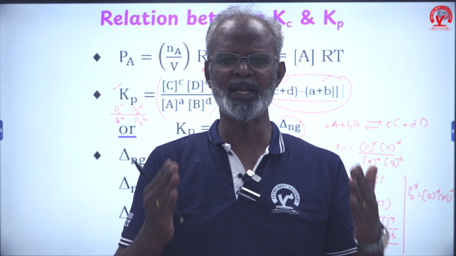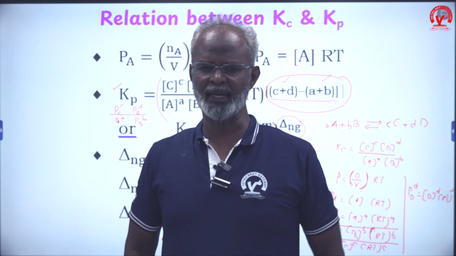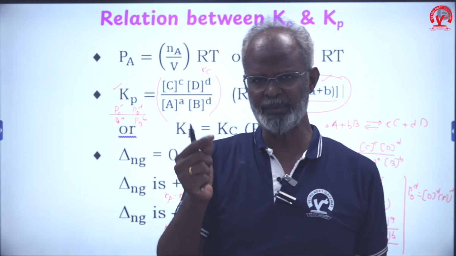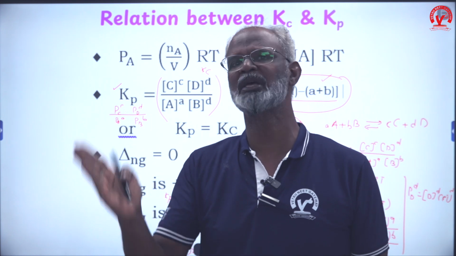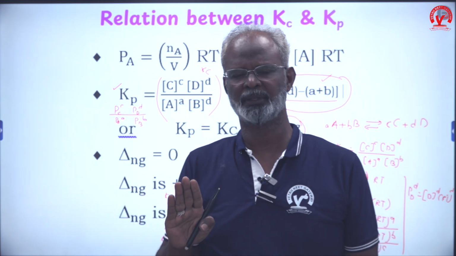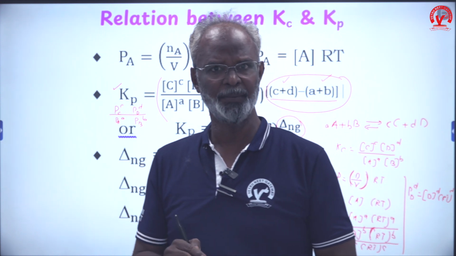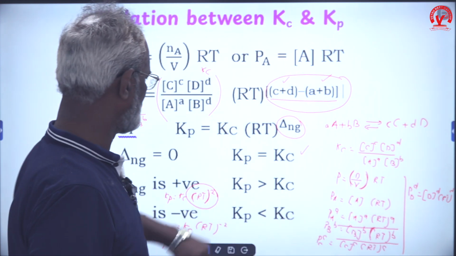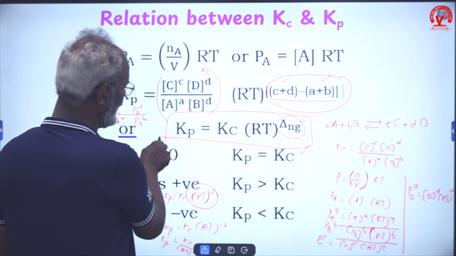So when you find delta Ng, where the G means gas only, in any reaction, be careful: the number of gaseous moles of products, only gaseous products, minus the number of gaseous moles of reactants, that is delta Ng. That you have to substitute here. So Kp is equal to Kc RT power delta Ng, very, very important.